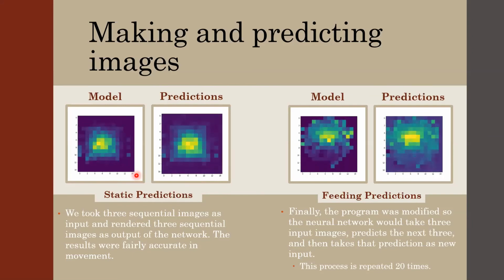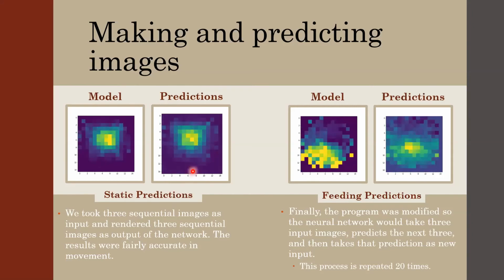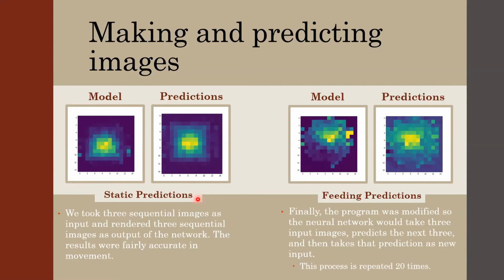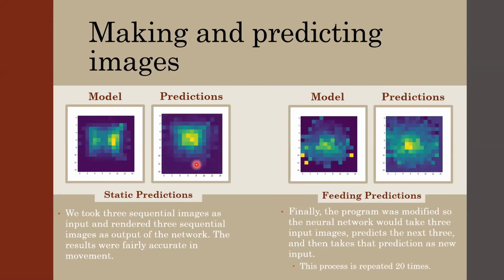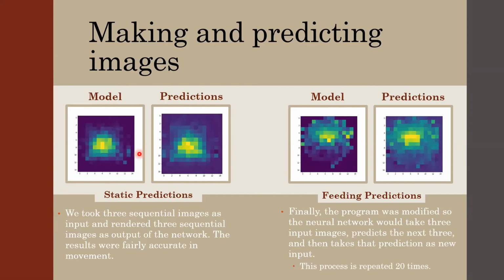And as you can see, the overall movement of the beam was reasonably close to what the real beam looked like. But the shape was not exactly how we wanted it to be. Here it's a little bit more circular, more centered, and here it's more rectangular, and sometimes it just covers the whole picture. But overall, the movement is not that far.